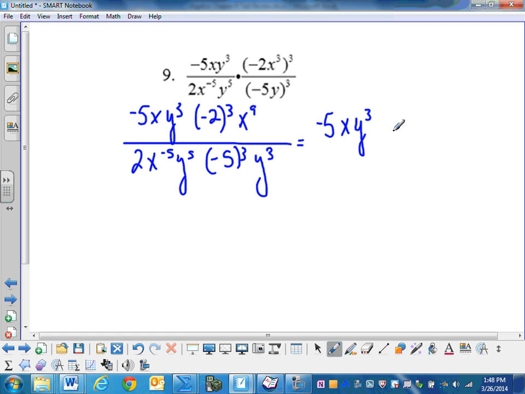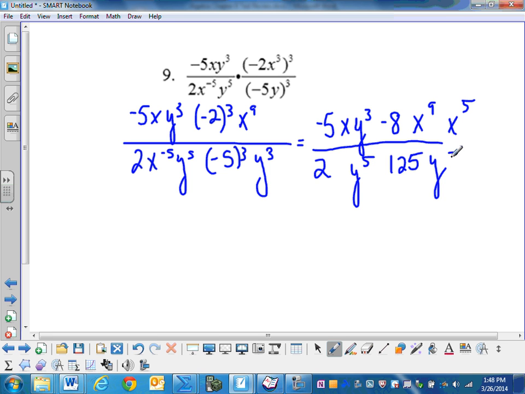I'm just going to rewrite that as negative 8. We have 2, and the x to the 5th going up here. Y to the 5th stays. Negative 5 cubed is 125. Y cubed. So on top, I'm going to get a negative 5 times negative 8, which is going to give me 40.